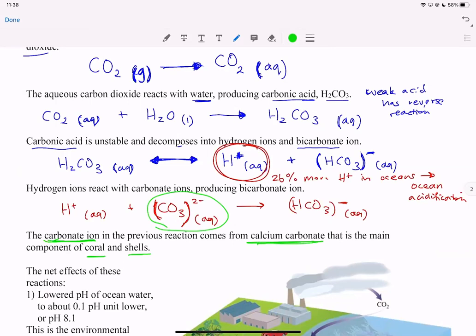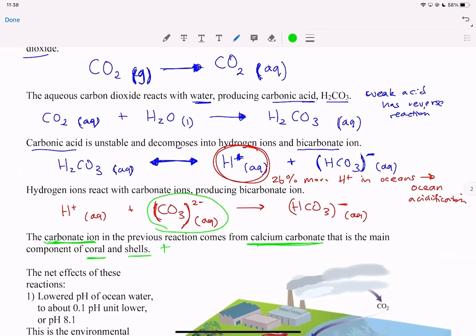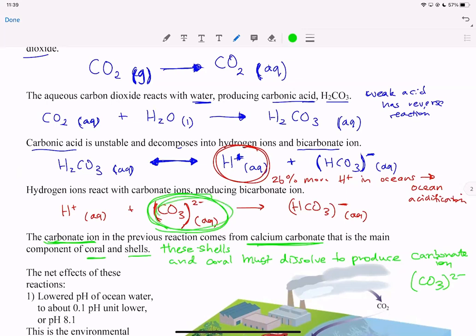Okay, and so these shells and the coral reefs have to dissolve to produce carbonate ion, which is that CO3 2-, this stuff that I circled in green.